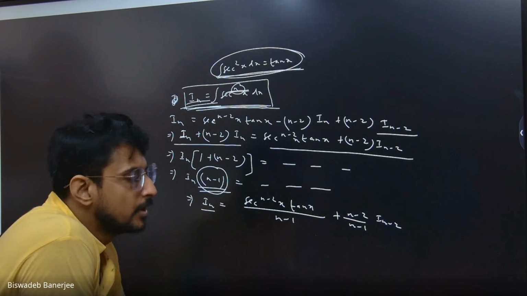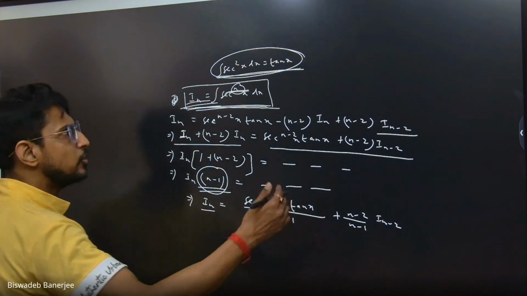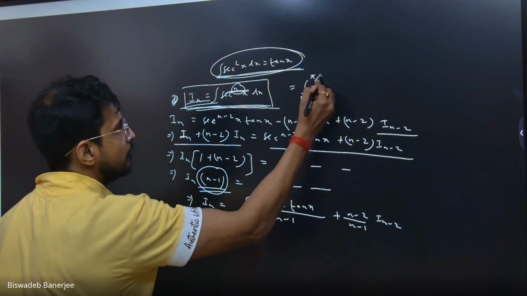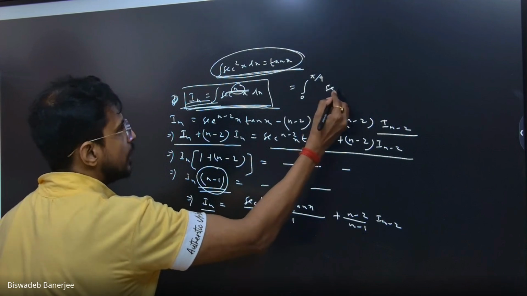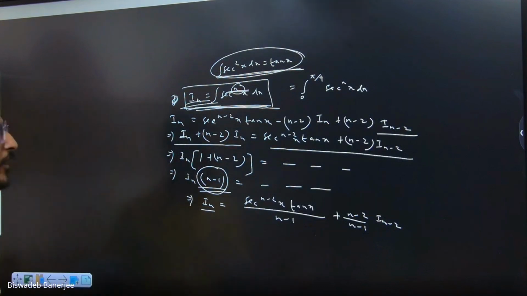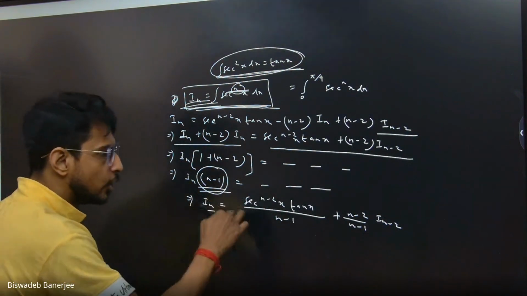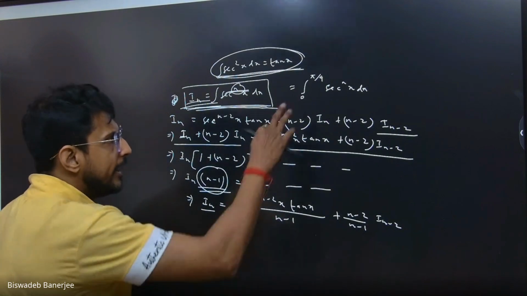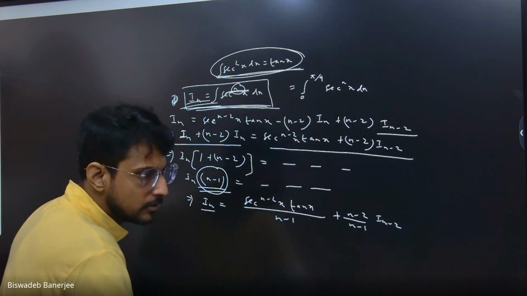Okay. And try to find this yourself: integration 0 to pi by 4 of sec to the power n x. Just put the limit 0 to pi by 4 here, just like the first two questions. And why is this limit not 0 to pi by 2?